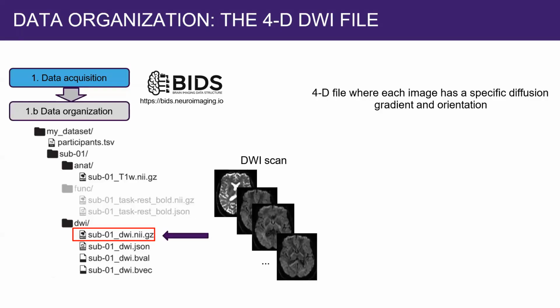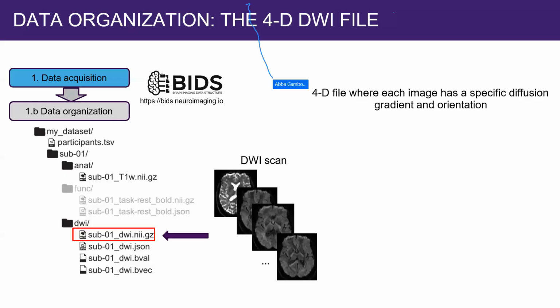In the DWI folder, you have four kinds of files, and it is very important to know what is going on. You have the main diffusion image, DWI.nii. The .nii is a format you transform from DICOM to NIfTI, because it is a smaller format than DICOM, very easy to handle and quicker to load.